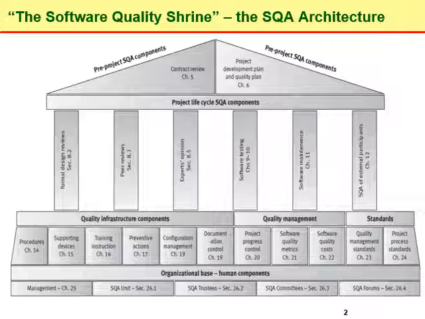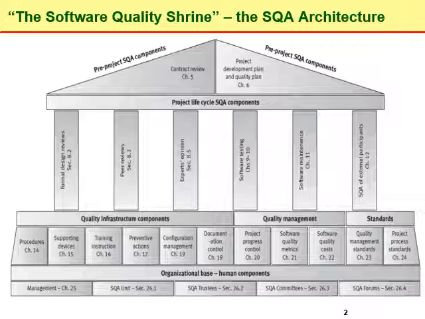So quality management not only focuses on product quality, but also the means in which it can be achieved. For example, some of the components used to support the managerial control of the software development projects, like they might include project progress control, as you can see here, then software quality metrics and software quality costs.